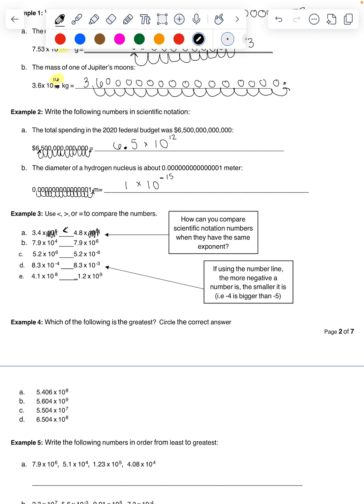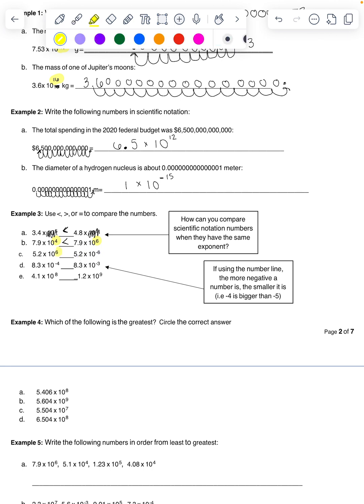7.9 times 10 to the 4th compared to 7.9 times 10 to the 6th? Well, now I've got 10 to the 4th and 10 to the 6th. The one with the 10 to the 6th is going to be larger. 5.2 times 10 to the 6th compared to 5.2 times 10 to the negative 6th.